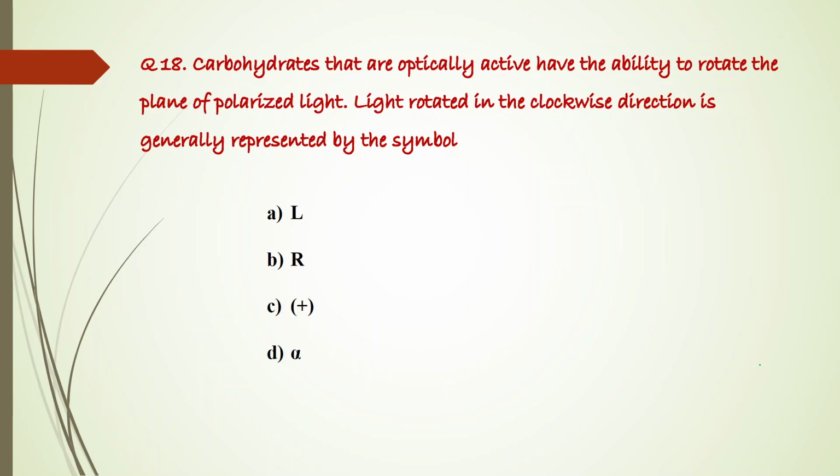Okay. Moving to the next one. It states carbohydrates that are optically active have the ability to rotate the plane of polarized light. Light rotated in the clockwise direction is generally represented by which symbol? Read the question carefully. There are 4 options: L, R, plus and alpha.